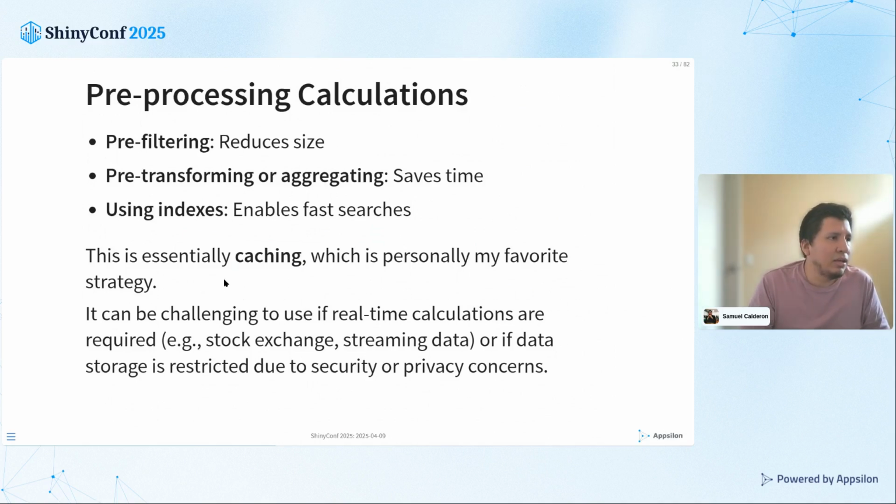All right. It can be challenging, and it might not be suitable for all applications, because if you need real-time calculations in your app, let's say maybe your app is for sports, right? And you need the latest status of a given set of matches that are currently in dispute, right?